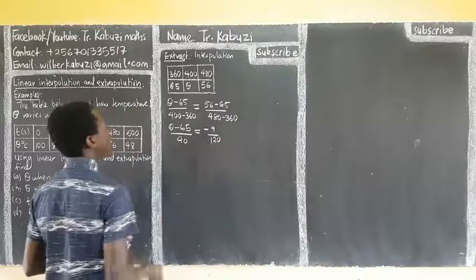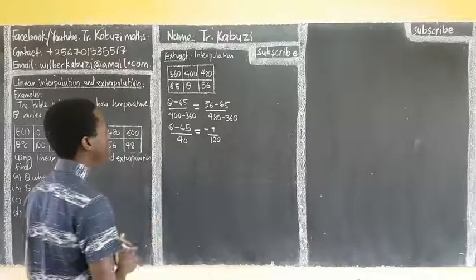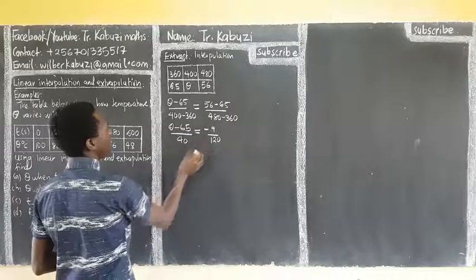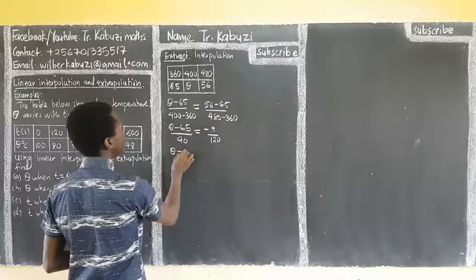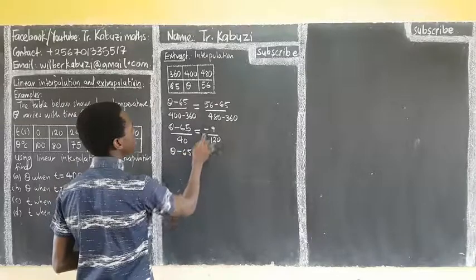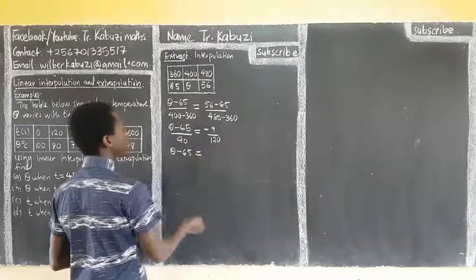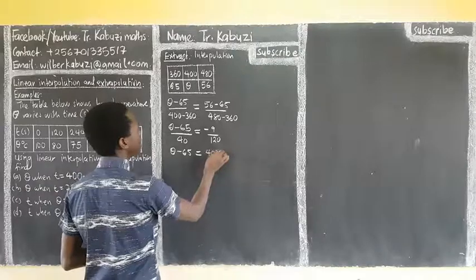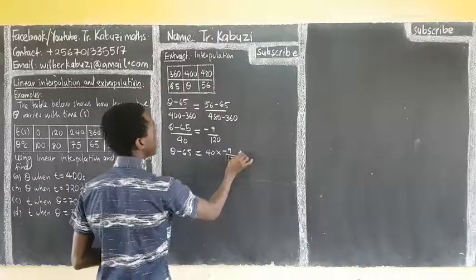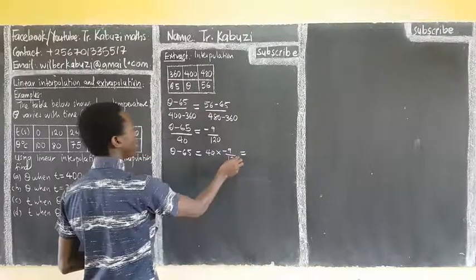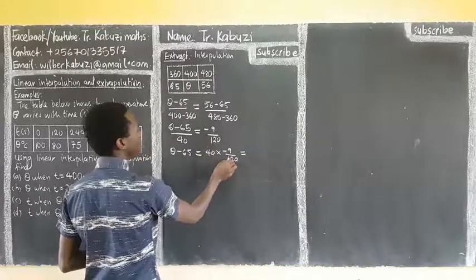So if you cross multiply, and we take everything this side, such that our theta, if we simplify this, we shall have theta minus 65 equaling 40 times negative 9 over 120. So if we simplify, this one will go by this one, by this 3.